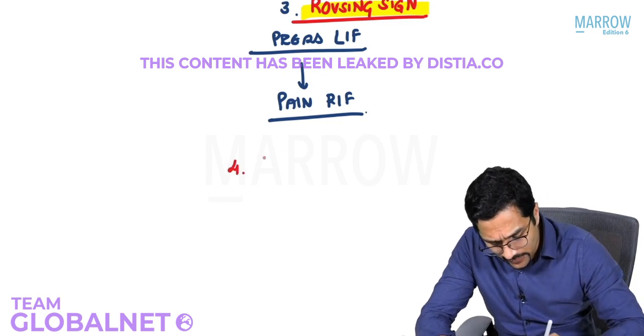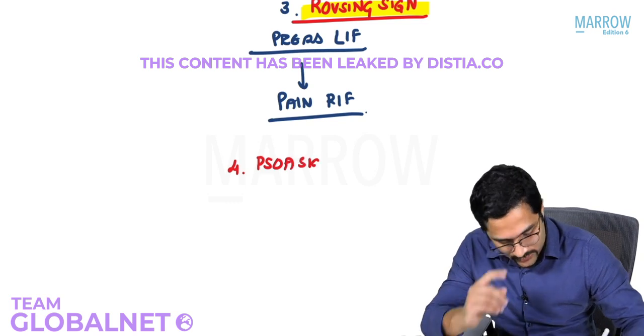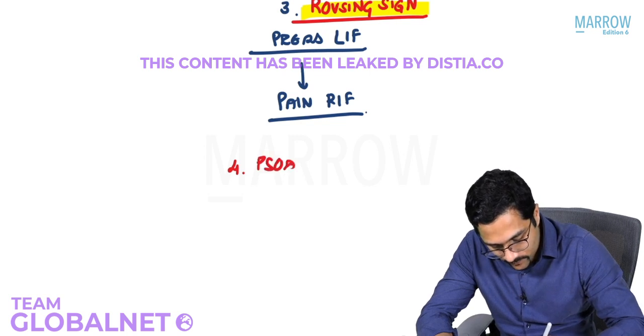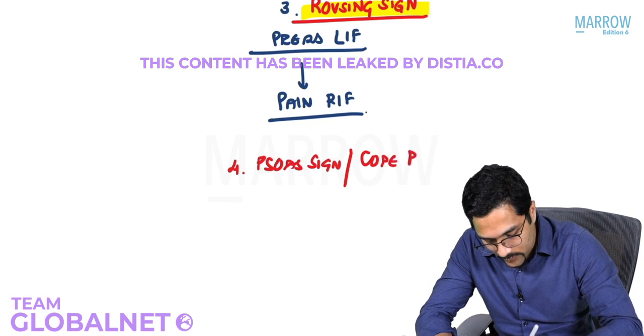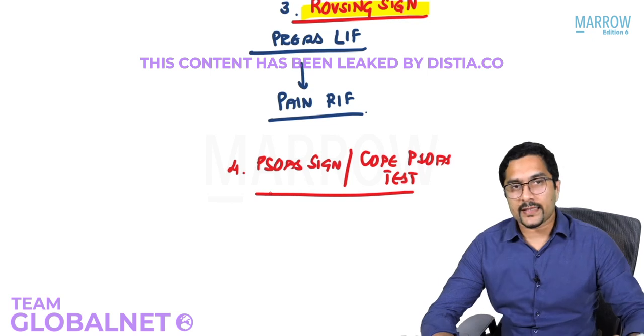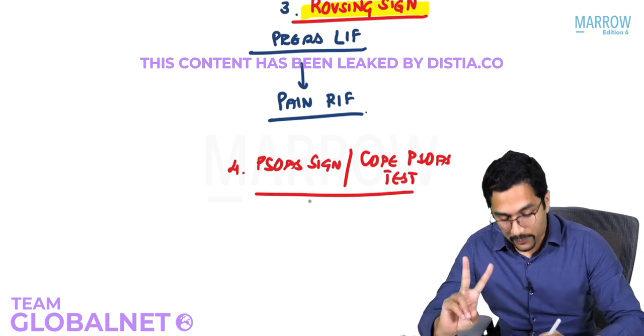Another sign which has been asked is the psoas sign, also known as the Cope psoas test. This psoas sign or the Cope psoas test can be done by two methods.